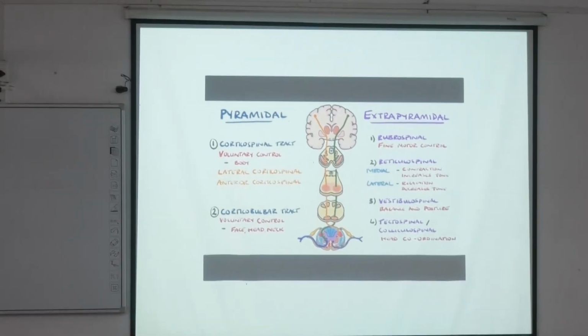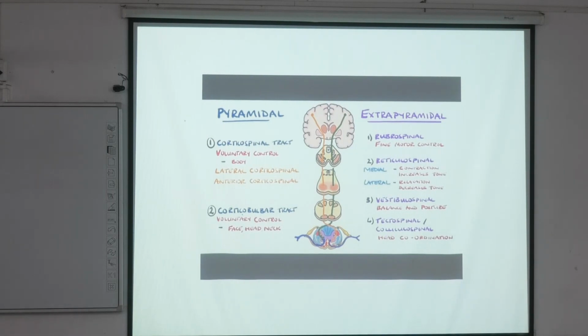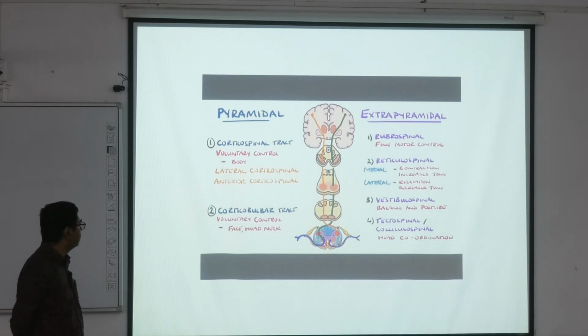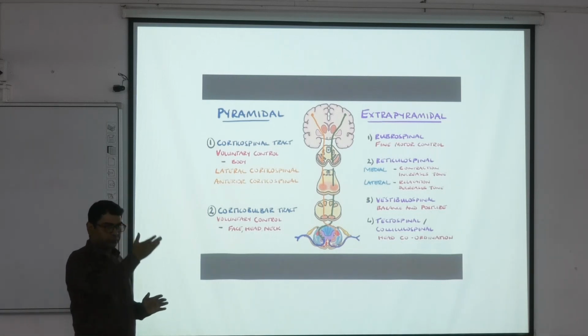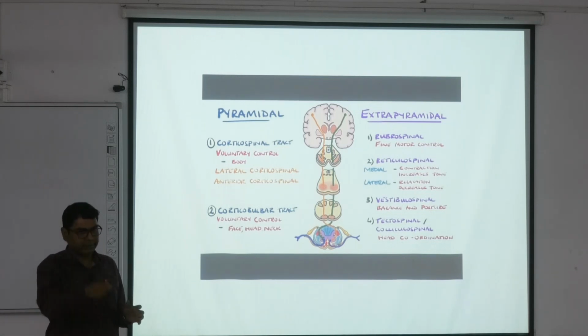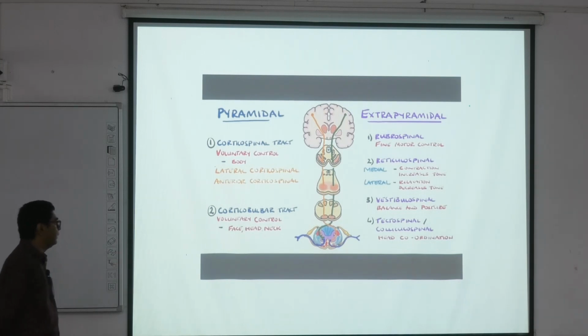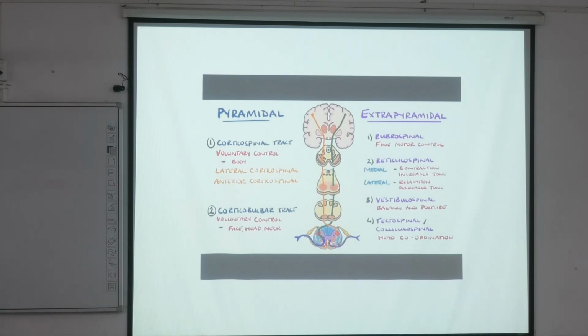The corticospinal tract is the voluntary control of the body, and it depends on crossed and uncrossed fibers. Crossed means it crosses from one side to the other side. Uncrossed means the tract descends from the same side as its origin. Depending on crossed and uncrossed, it is divided into two parts: the lateral corticospinal tract and the anterior corticospinal tract.